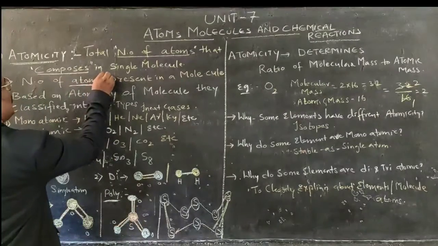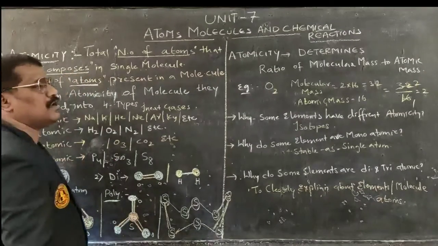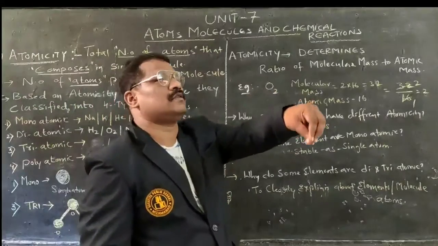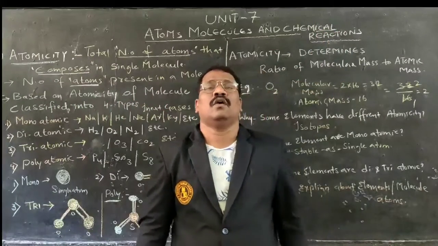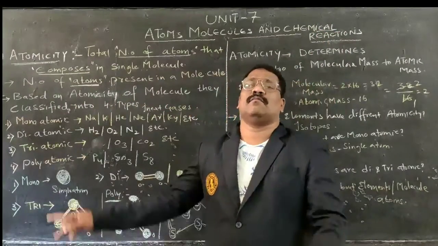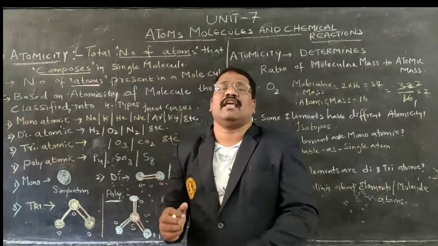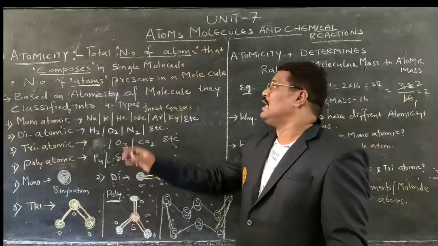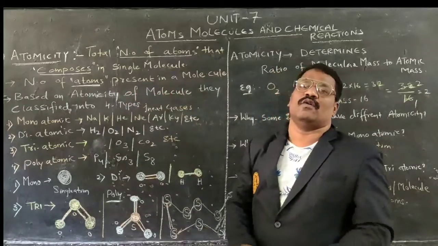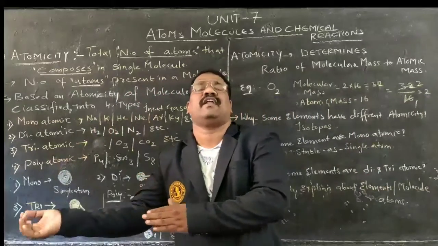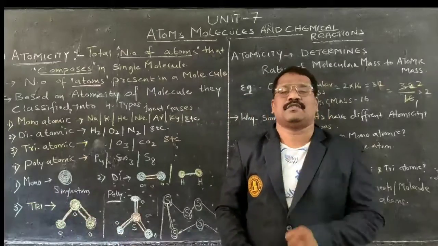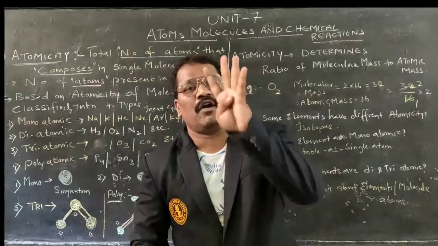How many atoms exist within a molecule? That is called atomicity. Based upon the atomicity of molecules, they can be classified into 4 types. How many types, children? 4 types.